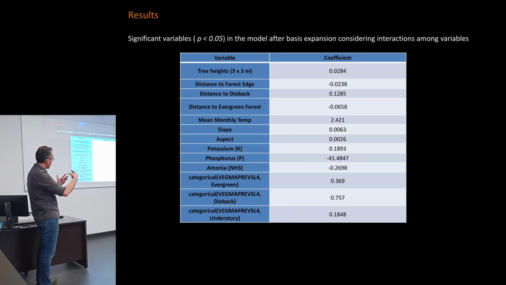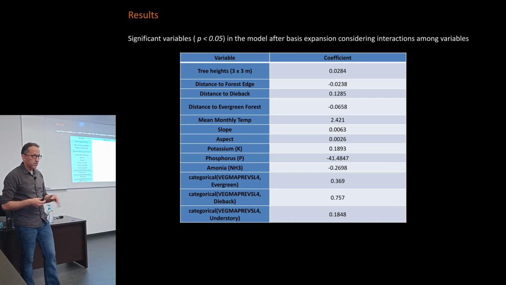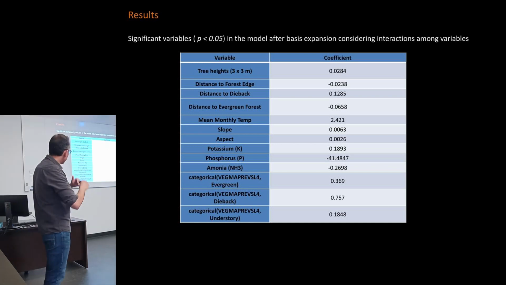Once we account for those interactions, these are the variables that are left, the variables that significantly contribute to our model. In the previous image, I was showing everything without considering those interactions. But this one is already looking at those interactions and giving those coefficients that are important to look at. So here, for example, we see again this association with tree heights, the association with distance to forest.